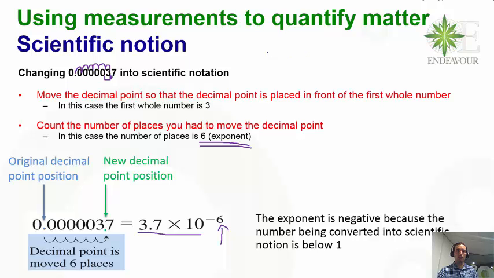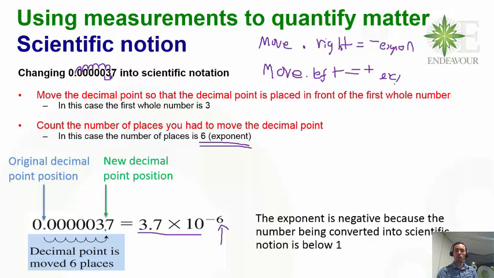So we can have a shorthand rule for this. Move the decimal point to the right. That means we're going to have a negative exponent. And it also means that the number is going to be very small. Whereas on the previous slide, we were moving the decimal point to the left because we had a very large number, and that means it's going to be a positive exponent.